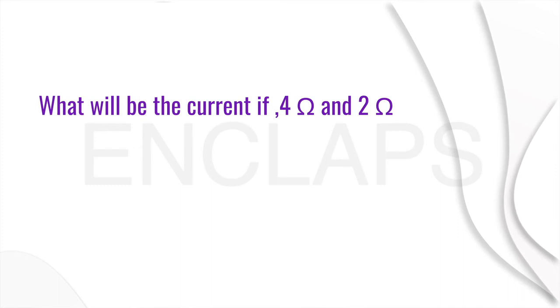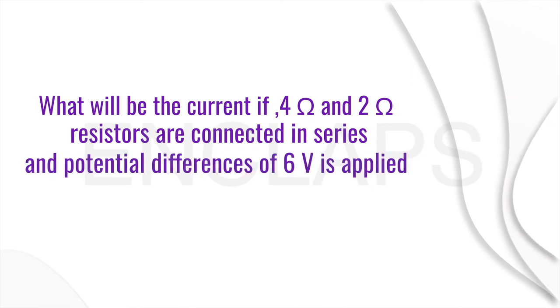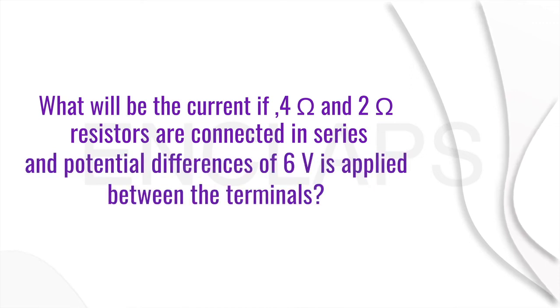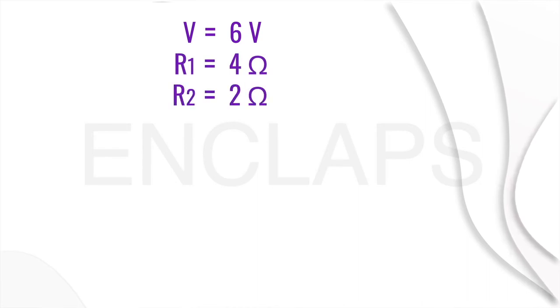Next question. What will be the current if 4 ohm and 2 ohm resistors are connected in series and potential difference of 6 volt is applied between the terminals? Given that the potential difference V is equal to 6 volt, resistance R1 is equal to 4 ohm, resistance R2 is equal to 2 ohm.